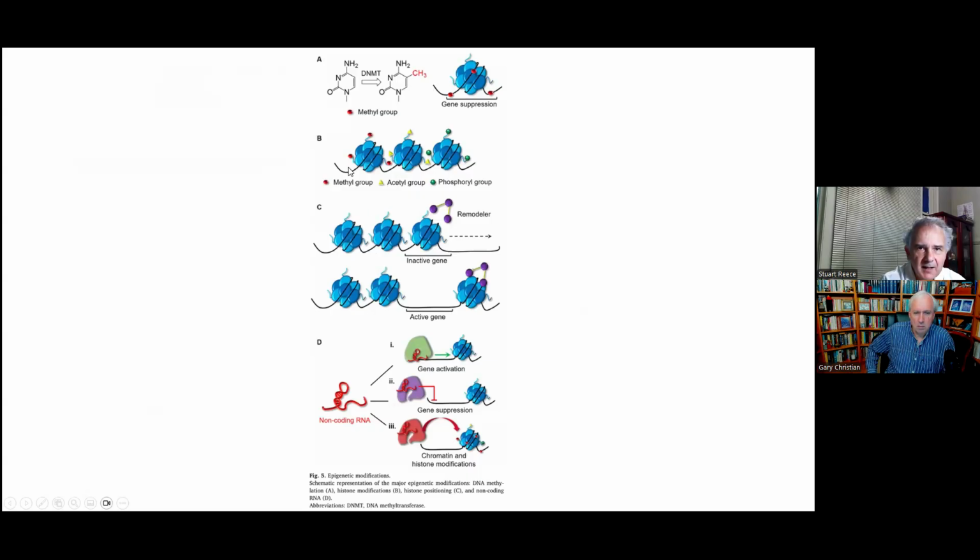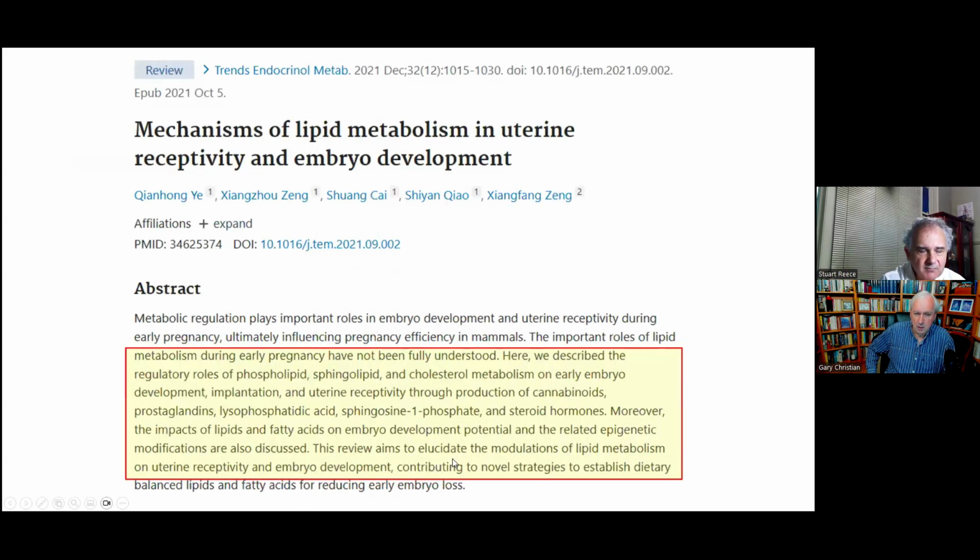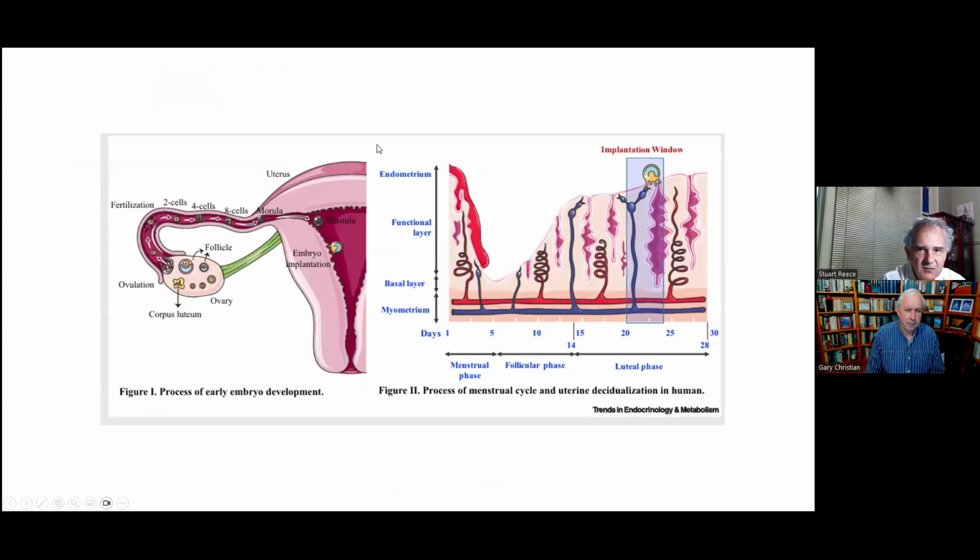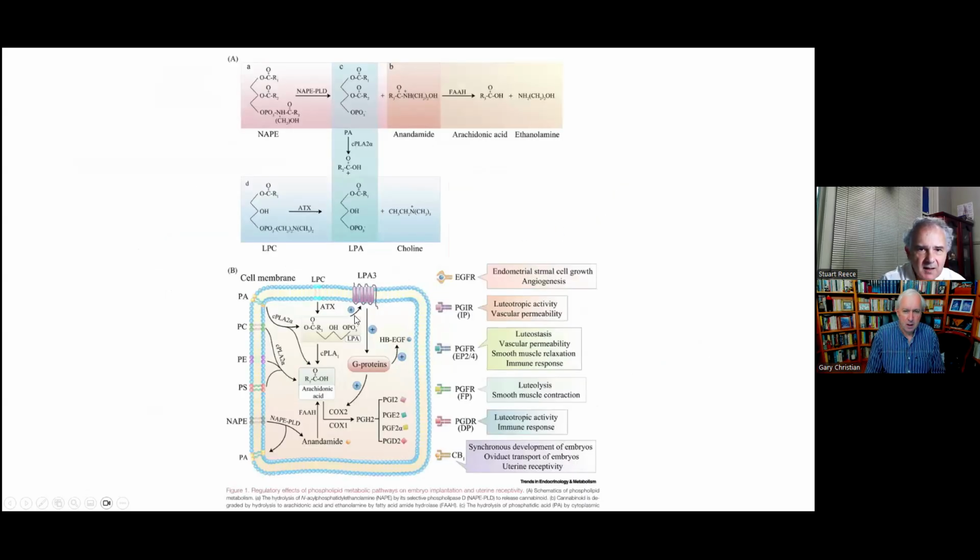And remember we talked about histones. The DNA is wrapped around the histones, and the histones control the access of the transcription machinery to the genes, and that's how they regulate cell growth. So mechanisms of lipid metabolism and uterine receptivity and embryo development, we talked about that. And again, just showing this different paper showing how important these things are, and all the different receptors and all the different pathways.